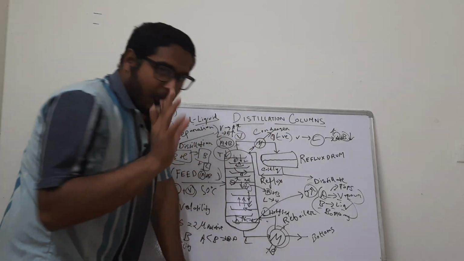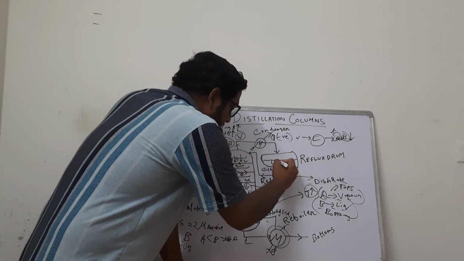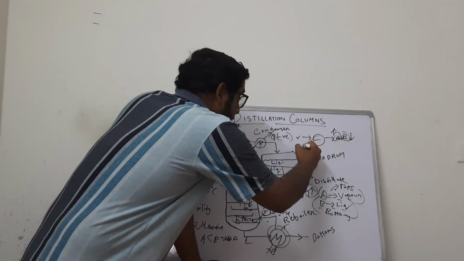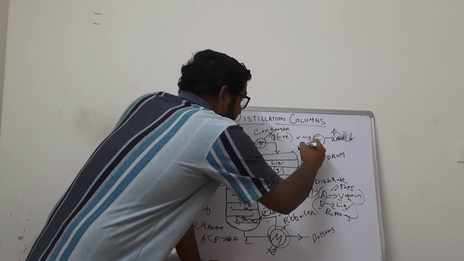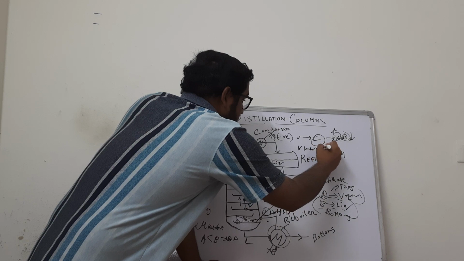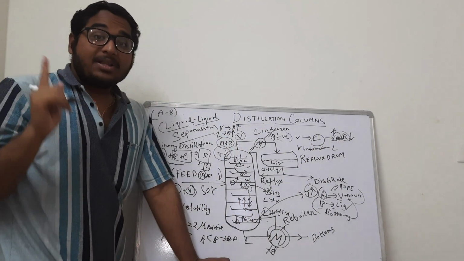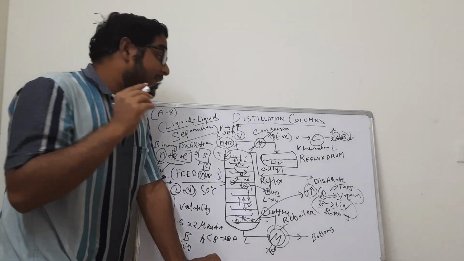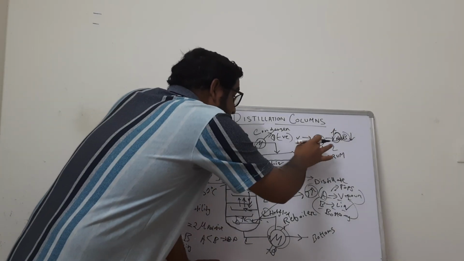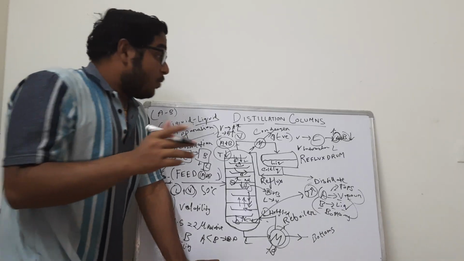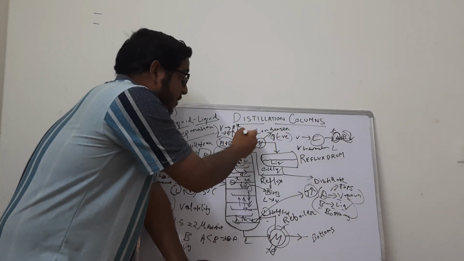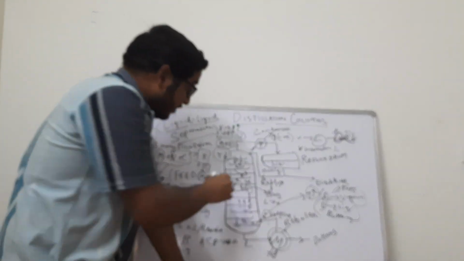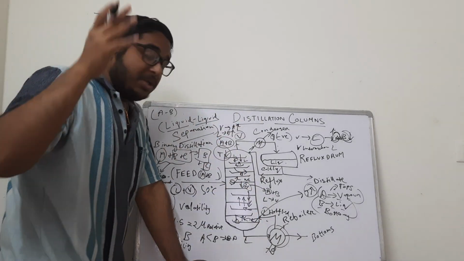So we collect it in a reflux drum, and we send this liquid back into the chamber as a cold liquid, so that further interaction of vapor and liquid takes place with the liquid stream, and further enriching occurs, which means whatever amount, my friends, remember this, whatever amount of A is present in this liquid stream will get transferred to the vapor stream, and whatever amount of B was initially present in this vapor, which condensed back here and came into this liquid, this B will get reduced because it will have a tendency to come down or trickle down with the liquid state itself.